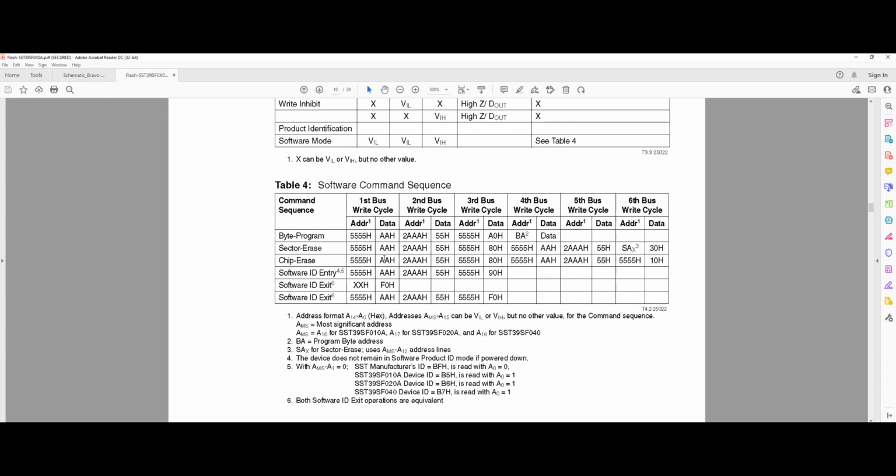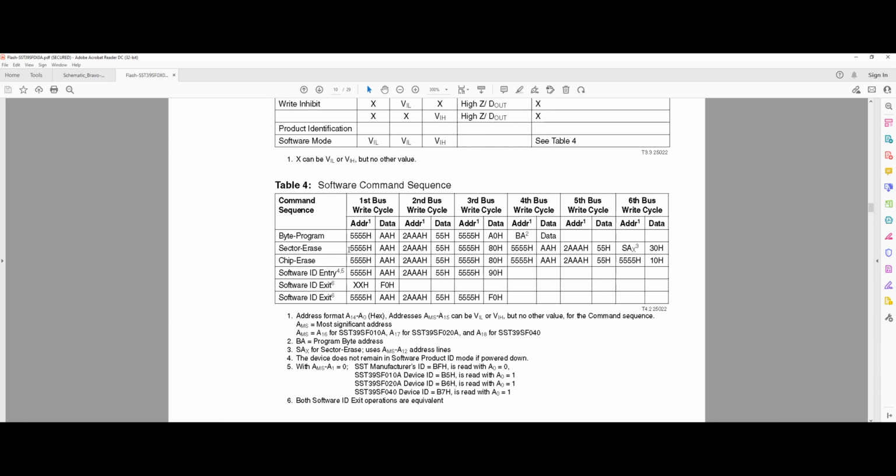For example, if you want to erase a sector, first you need to point to a very specific address in the memory, which in this case at stage 1 is 5555 in hex, and this H here is just indicating that this number is a hex number.